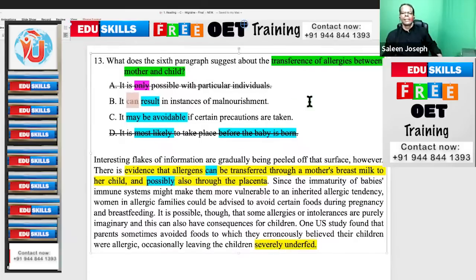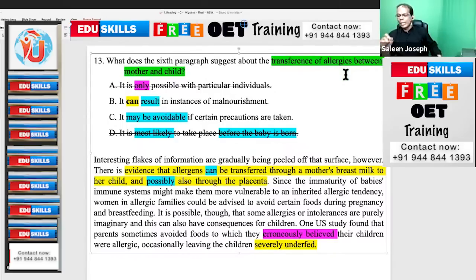But the question is what the paragraph suggests about the transference of allergies between mother and child. They are not asking about the health, nourishment or malnourishment of the child, though it is given in the text.